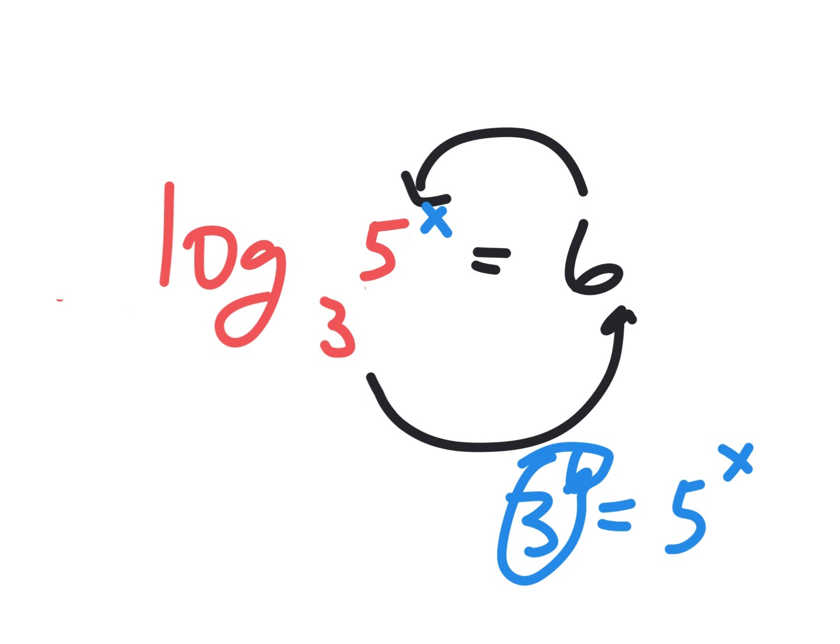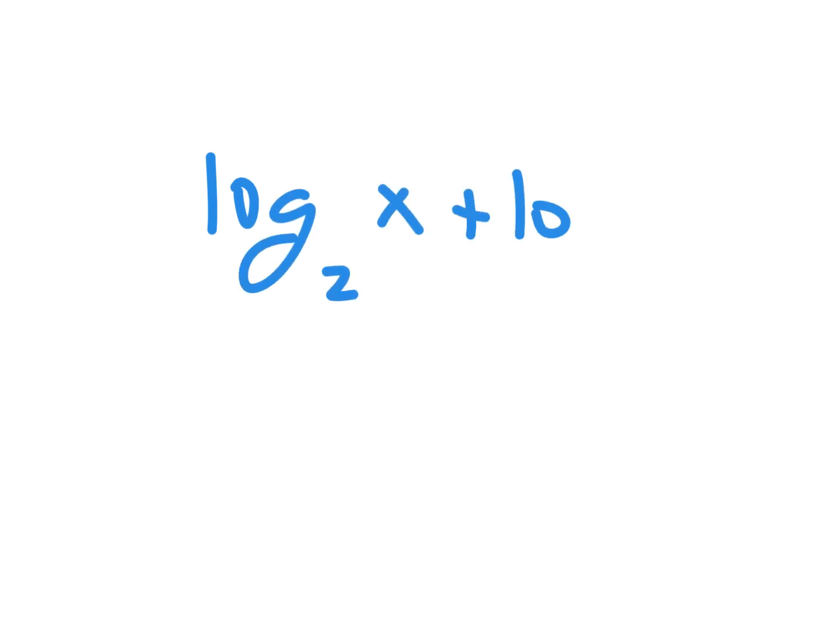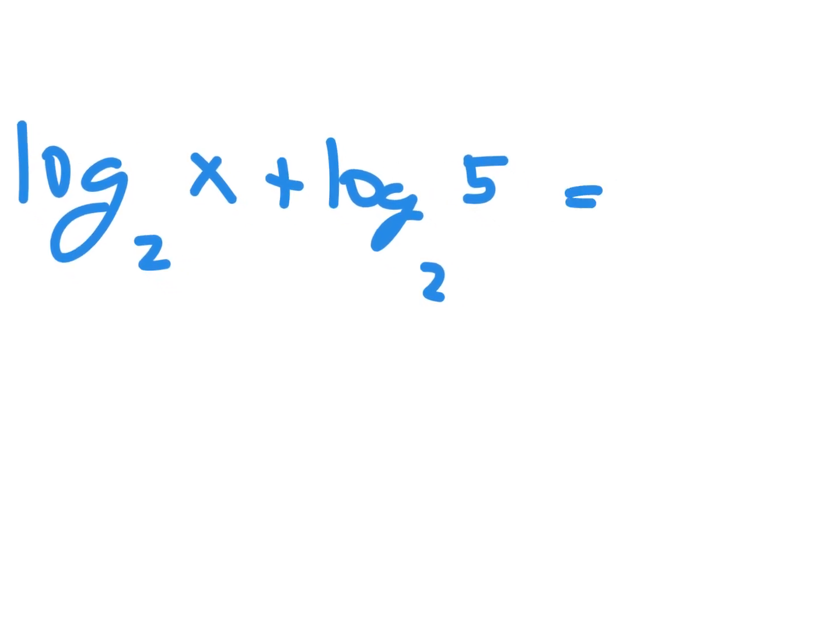All right. How about this? Can you remember how to add 2 logs together that have the same base? And if you do, then let's set it equal to 2. So last time, I told you, if you can factor, you should. And if you can add the logs, you should.